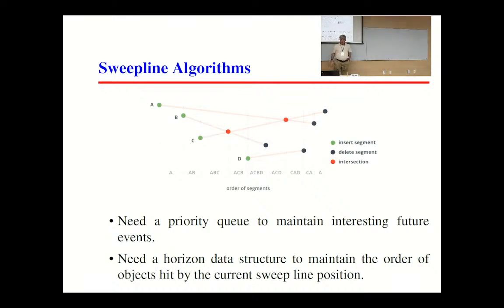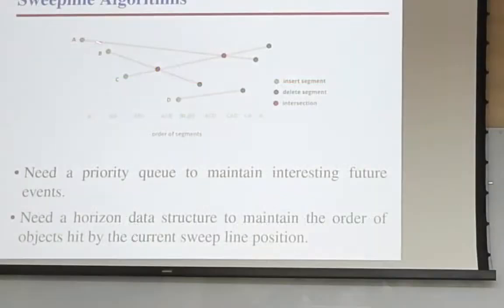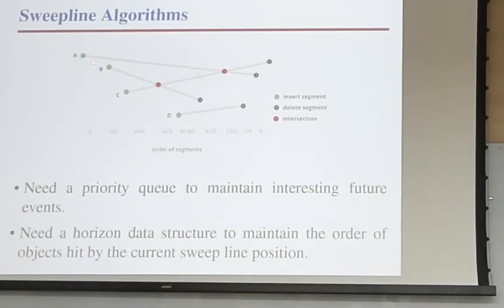What's interesting about this? Let's say our geometric objects are line segments, which is what I've got over here. I will claim that as you walk from left to right over the geometric objects, only a small number of things can occur. One is you may occasionally encounter the left vertex of a line segment. So as we move from left to right, sometimes we're going to have an event where a new vertex is introduced.